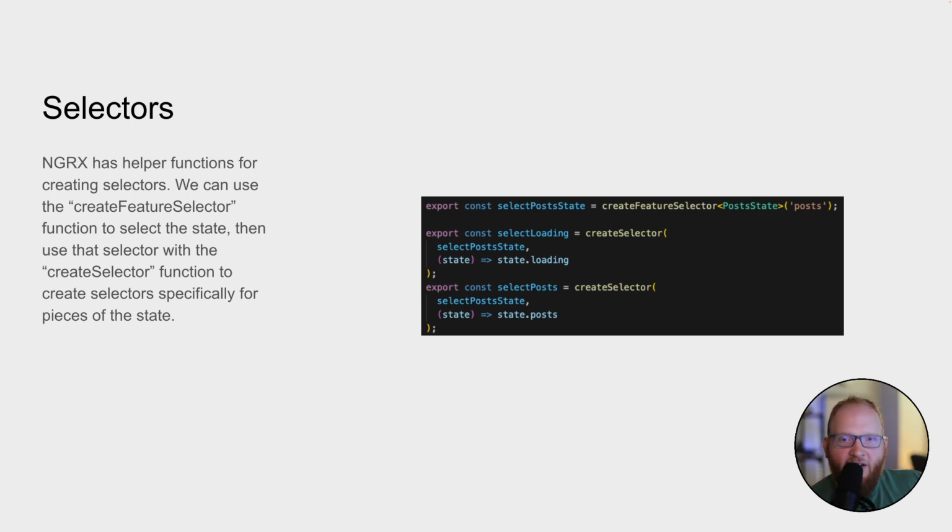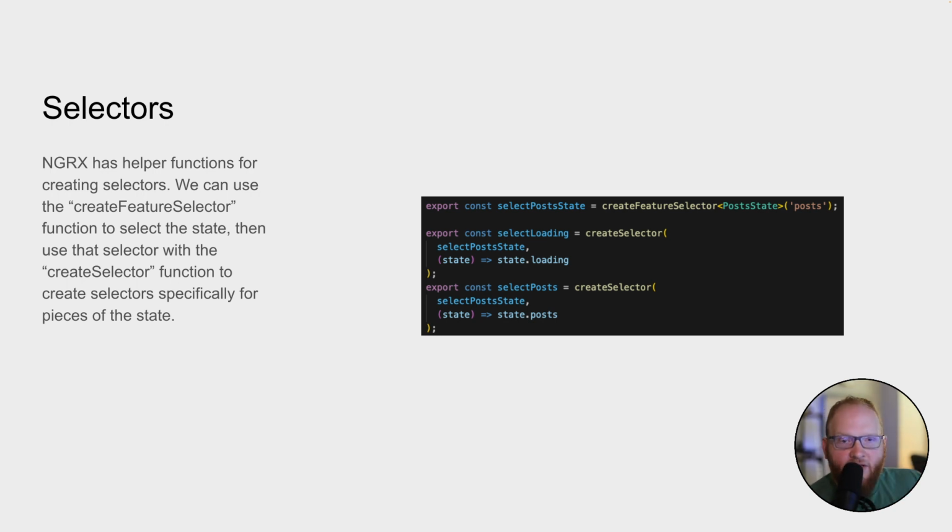So the create feature selector is used to grab the posts information, and then after that we create a regular selector using that first parameter as another selector that allows us to then grab the post state specifically, rather than having to do global state.posts.loading or global state.posts.posts. So this is allowing us to, again, select the state.